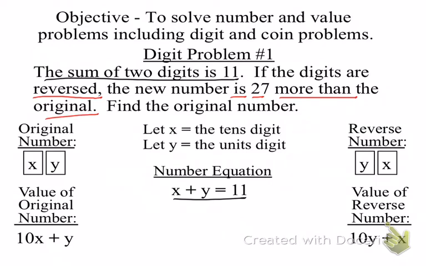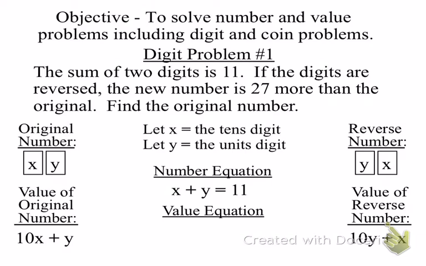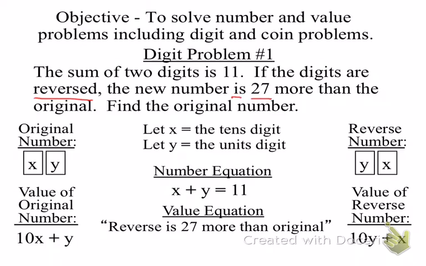So 10y plus x equals 27 more than the original value.